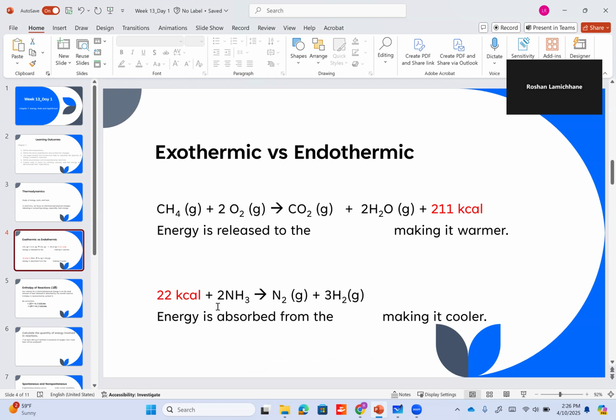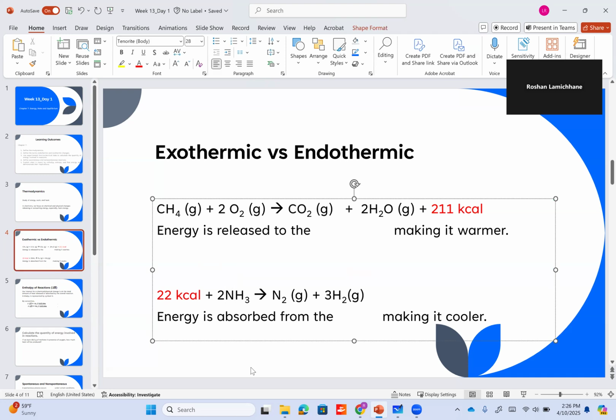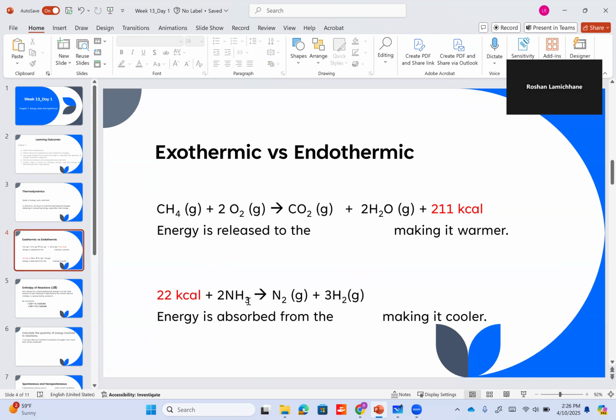So that means it's telling me that 22 kilocalories of energy needs to be absorbed by NH3, which is ammonia, to break apart into N2 and H2. All right, so again, I repeat, the top one is an example of an exothermic change or exothermic reaction. The bottom one is an example of an endothermic change or endothermic reaction.